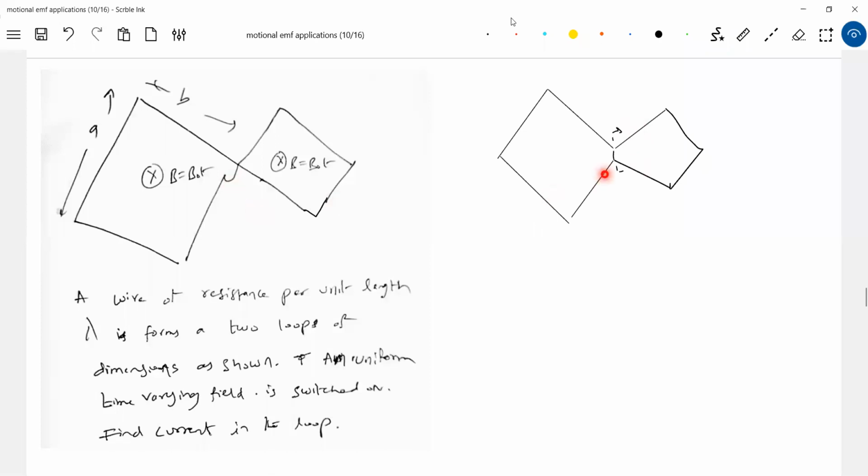If you are unable to understand something, you go to any hardware shop and ask them for iron wire, the thin gauge iron wire used in building materials. You purchase it, it'll be around 200 rupees, and you'll get almost 10 feet. So take a piece of wire and construct a frame like this.